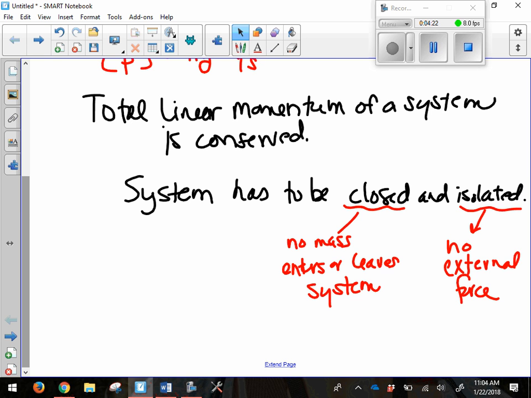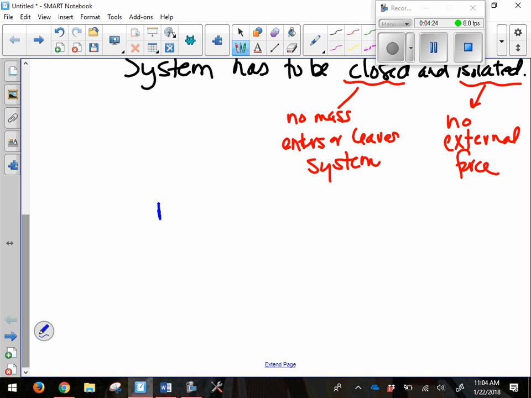So we often end up saying that the initial momentum is equal to the final momentum. Or we could say that whatever that is equal to a constant. And when we're talking about initial and final, or before and after, there's always some kind of event.